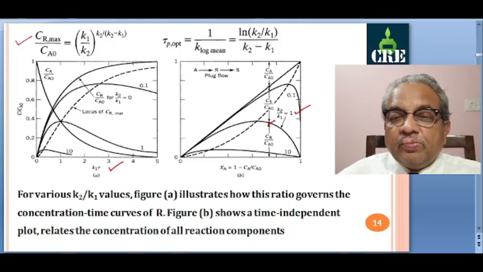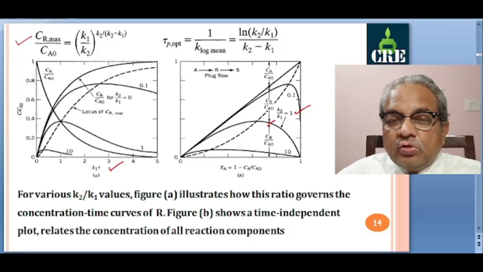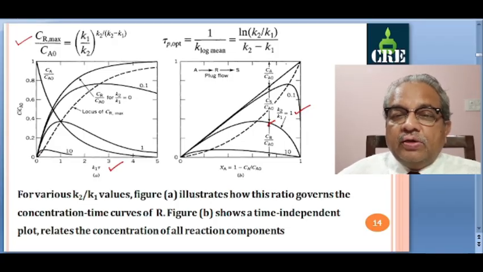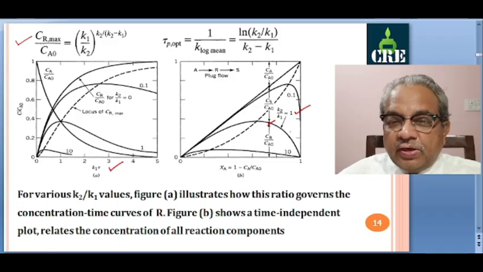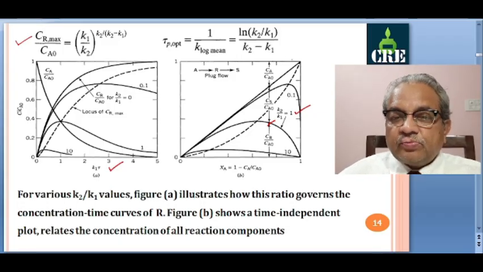So this segment represents Ca by Ca0. Here where the line cuts, it represents Cr by Ca0, and from here to this segment, this is Cs by Ca0. And at any conversion, you can draw this.